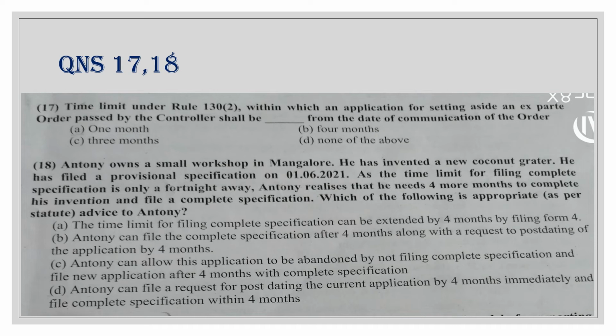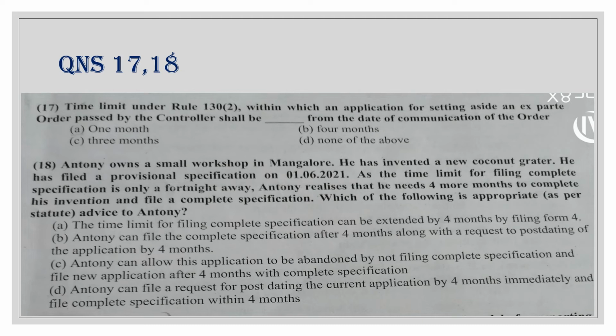Rule number 130, the title is application for review of decisions or setting aside of orders of the controller. Subrule 2 says an application to the controller for setting aside an order passed by him ex parte under clause G of subsection 1 of section 77 shall be made in form 24 within 1 month from the date of communication of such order to the applicant, or within such further period not exceeding 1 month, as the controller may on a request made in form 4 allow and shall be accompanied by a statement setting forth the grounds on which the application is based.